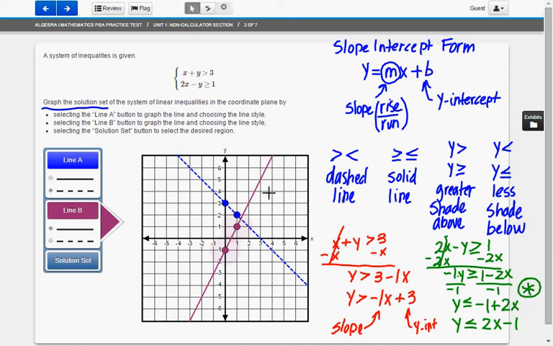So less than or equal to 2x minus 1 would be this side of the line, below the line on this side. Remember, my other shading was above the line here. So the overlap portion is going to be this section of the coordinate plane. This is the section that is greater than negative 1x plus 3, my blue line, but it's also less than 2x minus 1. So this overlapping region is my solution.